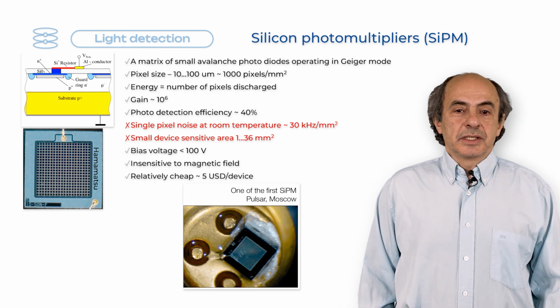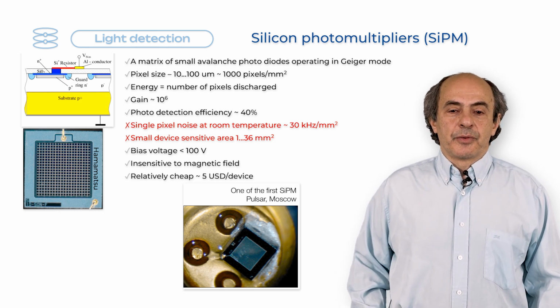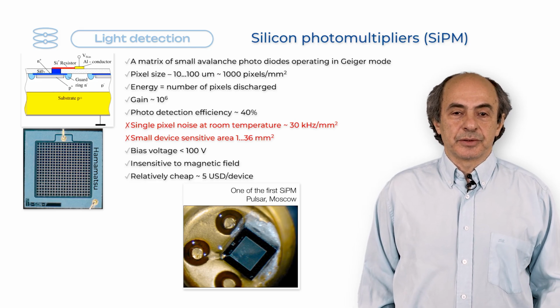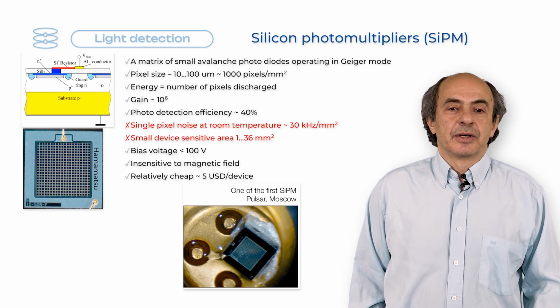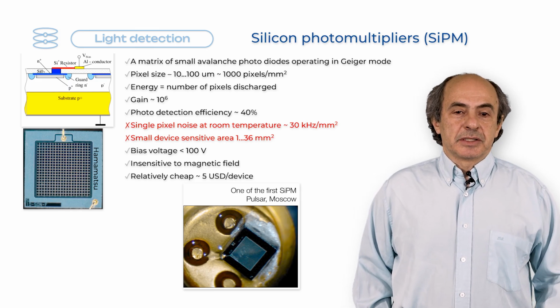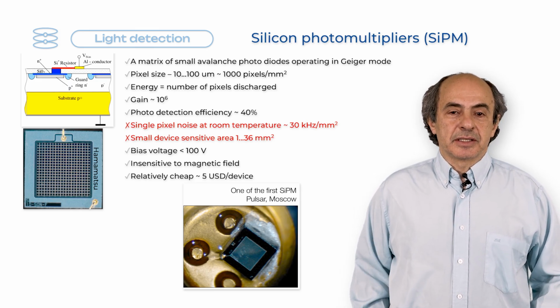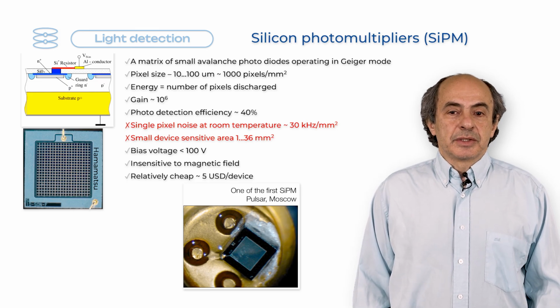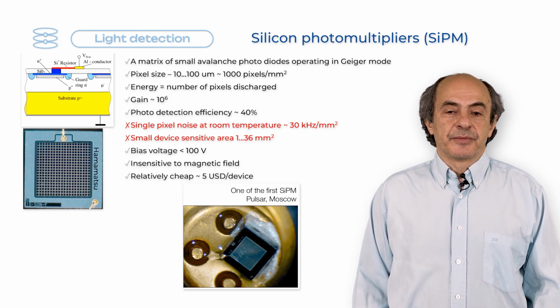So all signals from all photons look the same because we have the same capacitance of the cell and the common overvoltage set to them. We have high gain because this is just capacitance times overvoltage. We have a good photon detection efficiency, like 40%.